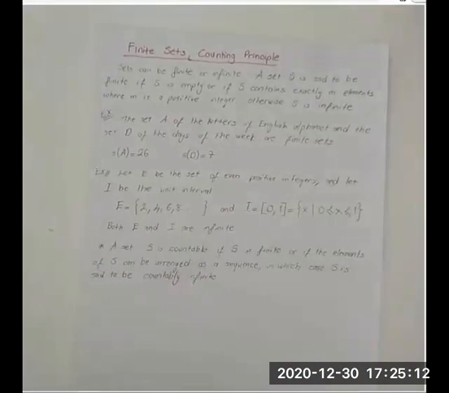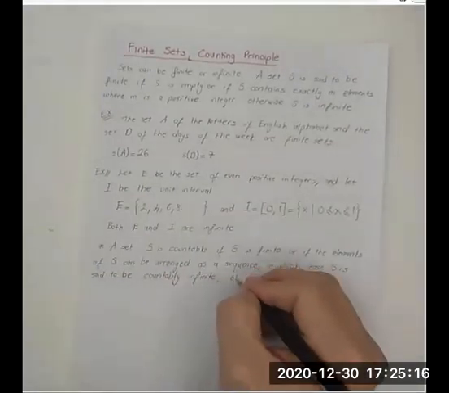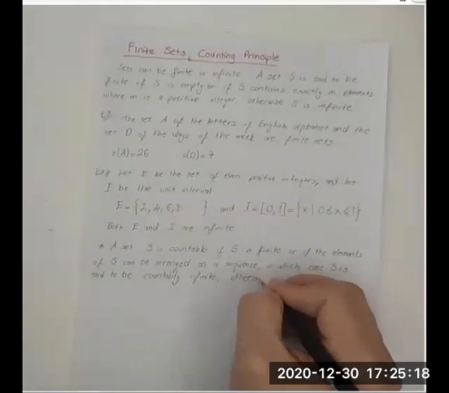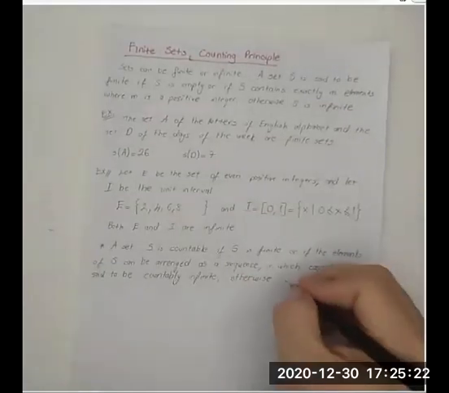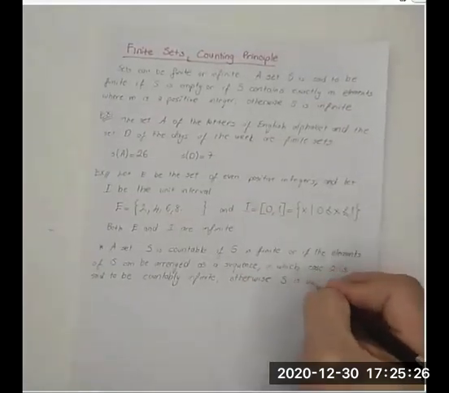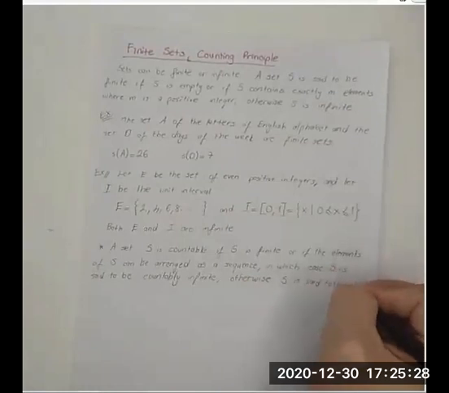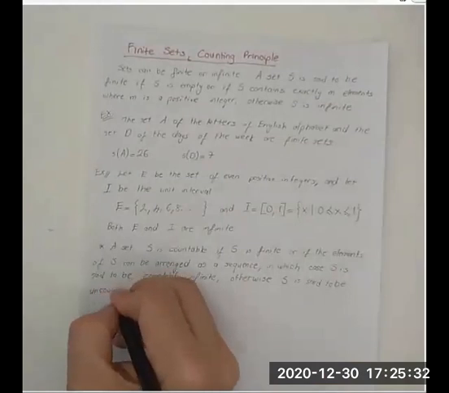So two conditions: countably finite and countably infinite. Otherwise, S is said to be uncountable.